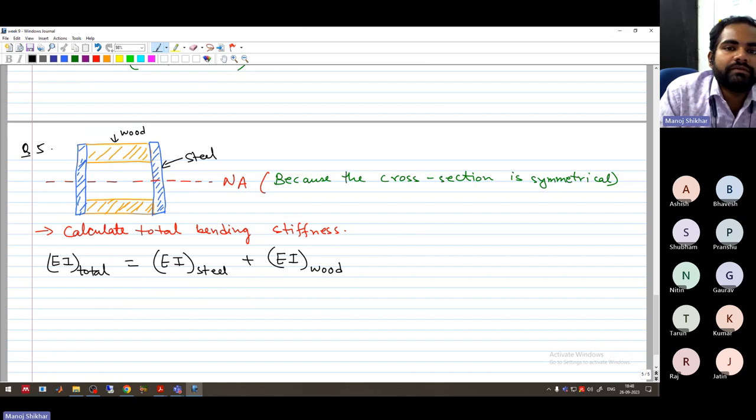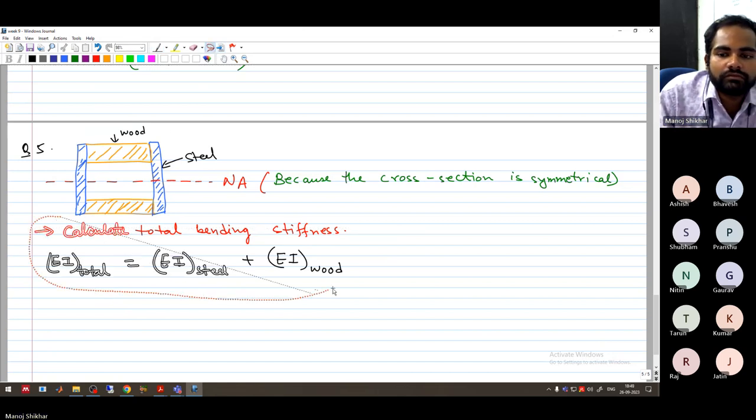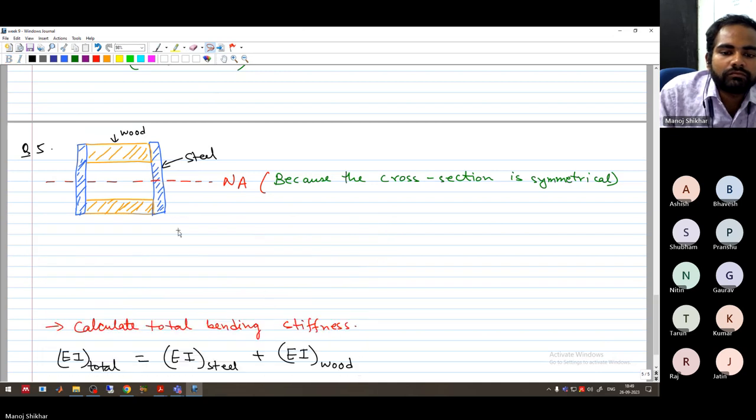So here they have given some dimensions also, so I will write those dimensions also. They have given that this is 120 mm. This is 6 mm.